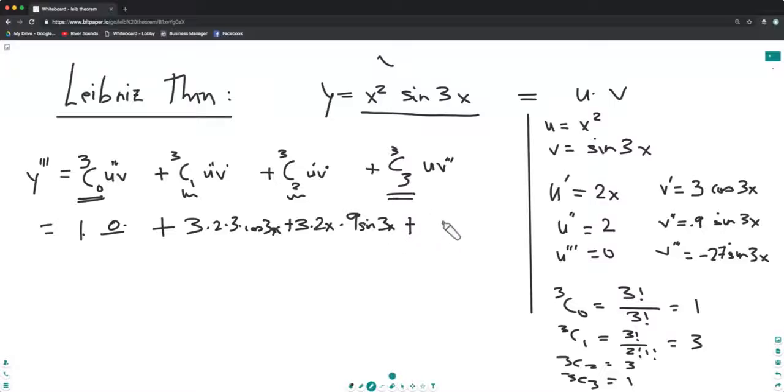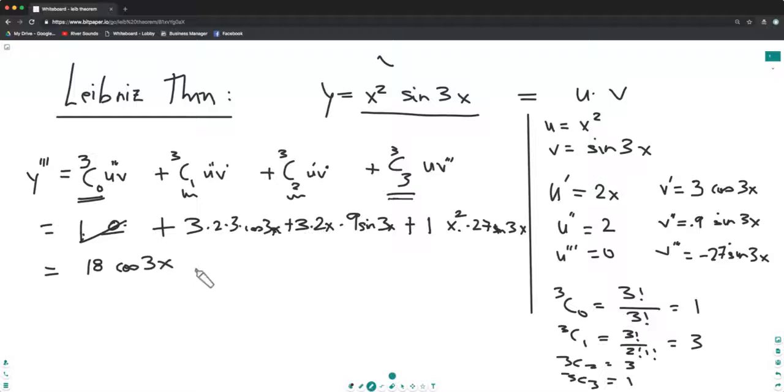And then the last one, plus 1 times u times v triple prime. So u is going to be x squared times v triple prime, which is minus 27 sine 3x. So then it's a simple matter. This is 0 because u triple prime is 0, and then this is going to be 3 times 2 times 3, so that's 18 cosine 3x.